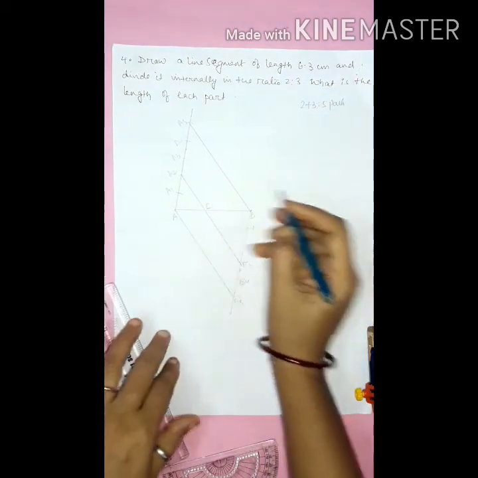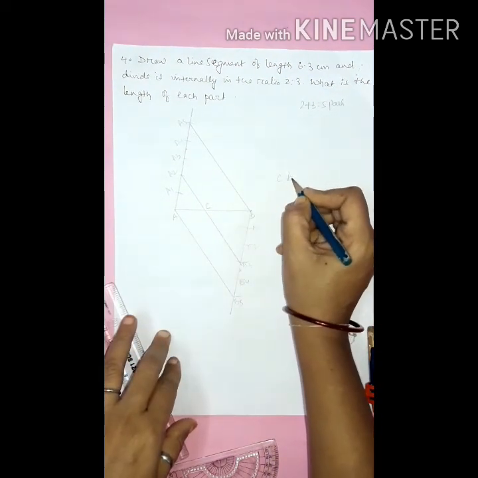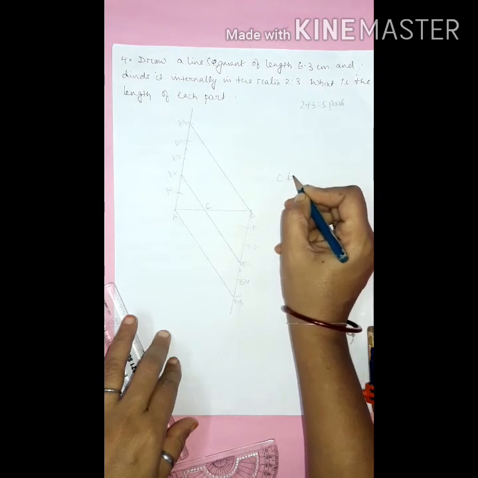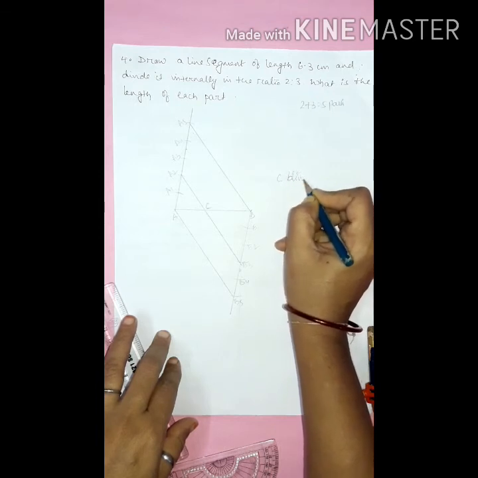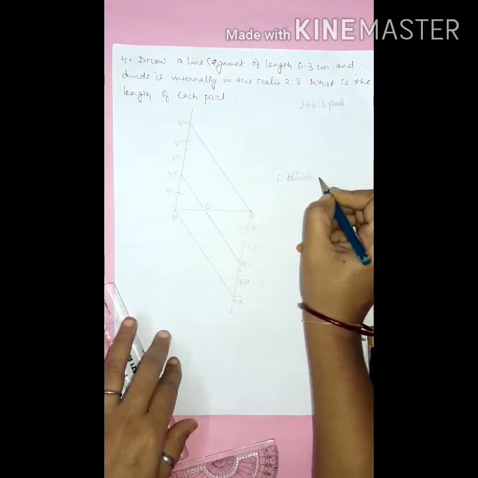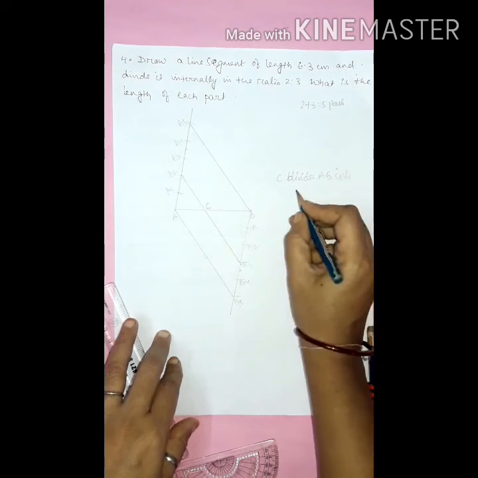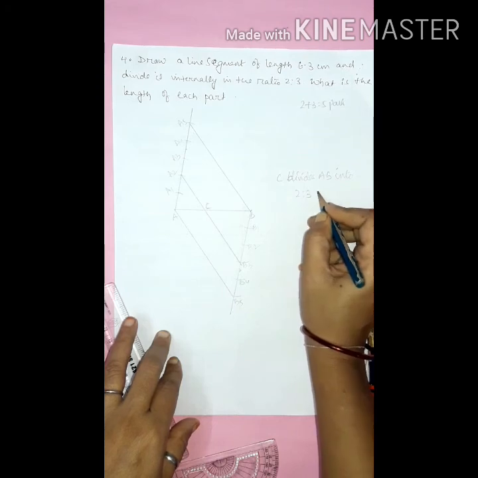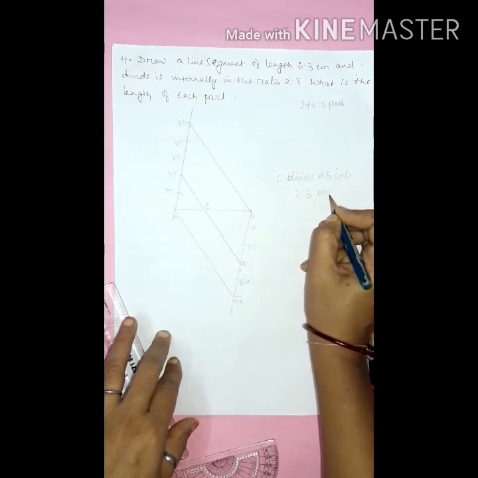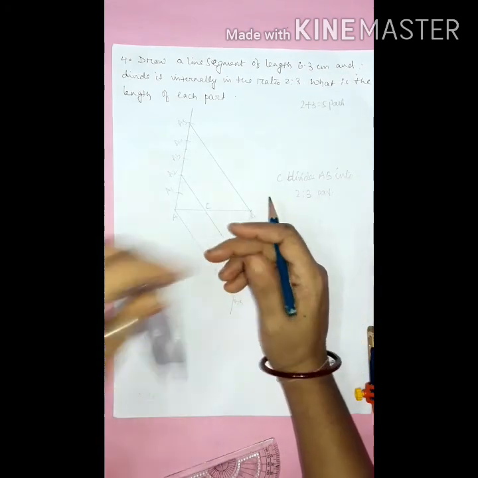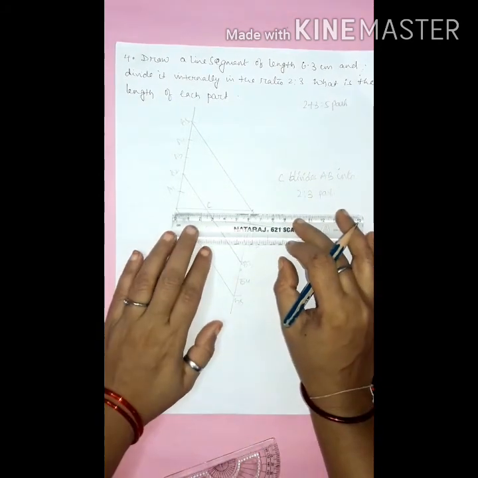What is the C? C divides AB into 2 is to 3 parts. Okay, 2 is to 3 parts. We have to measure each part. So let us take AC here.